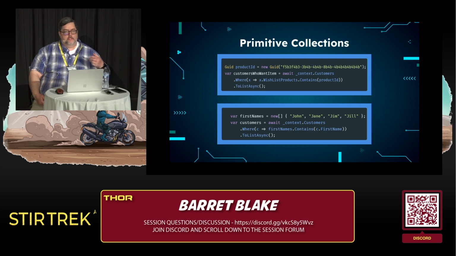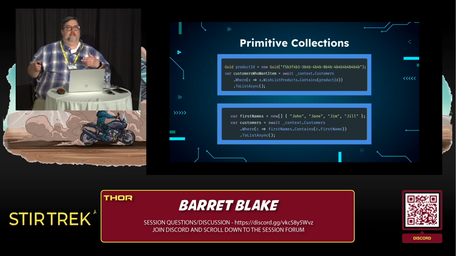One of the other things that this will let you do, and this is a common scenario too, is say I've got a list of customers and I want to look for all the customers whose first name falls into a list of names. Well, Entity Framework has always been able to do this kind of query, and it works. The problem is that when it goes to the back end, to SQL Server and the other databases, it will do it as a static query, or a static where clause in the query.